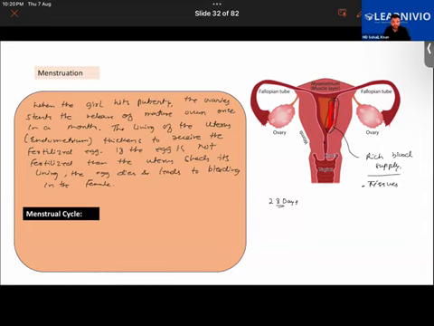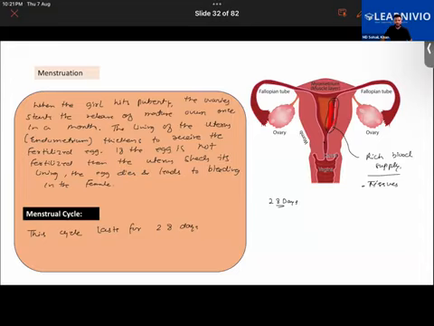That is simply called menstruation. The bleeding of all of this is called menstruation, and it is part of the menstrual cycle. So this cycle lasts for 28 days.